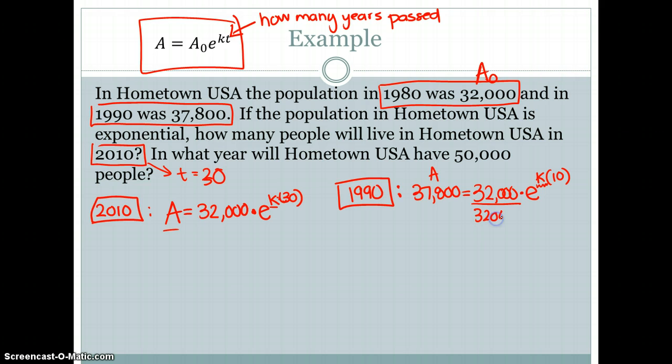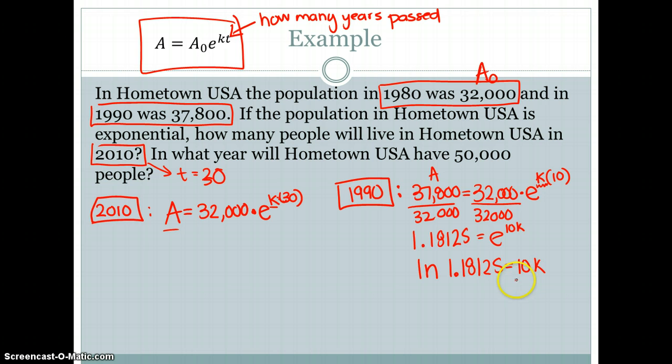How do we solve for k? Well, get the exponential portion alone by dividing by 32,000. That would be 1.18125 equals e to the 10k. If we rearrange this, we've got the exponential portion alone. Let's rewrite this as a log. It'd be log base e, so that means it's ln. Natural log of 1.18125 equals 10k.